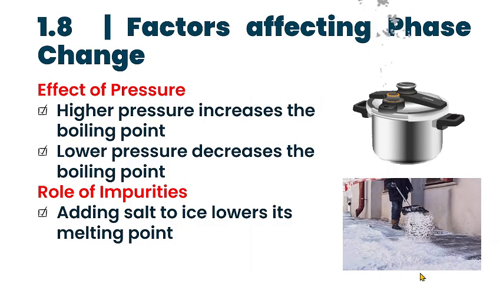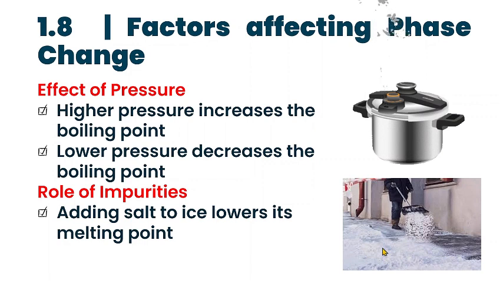Okay, there are many factors that can affect phase changes. For example, pressure is one important factor that can affect phase change. So, what's the effect of pressure? Higher pressure increases boiling point. So that means that if we increase the pressure, the boiling point of matter will also increase.